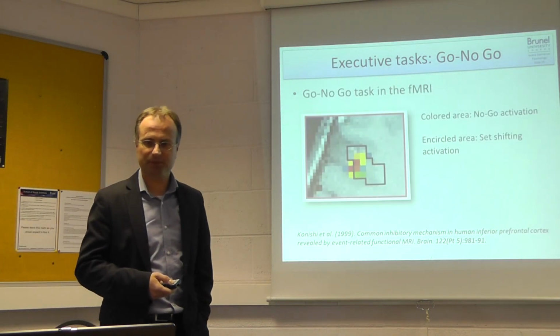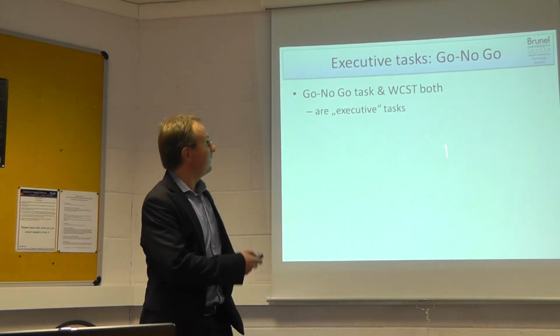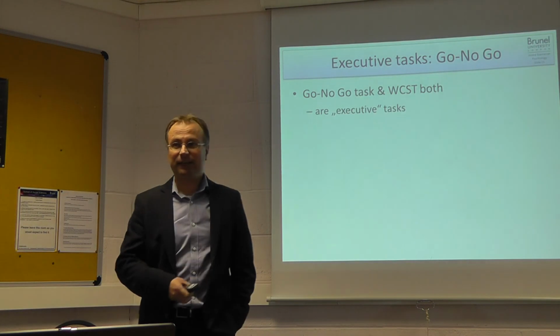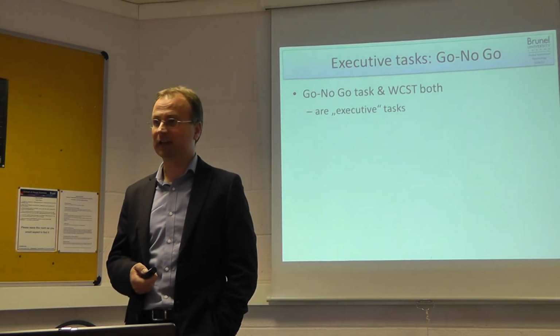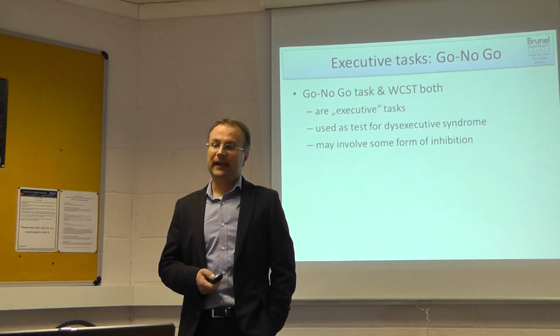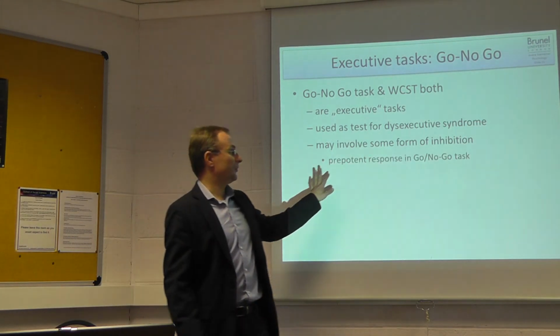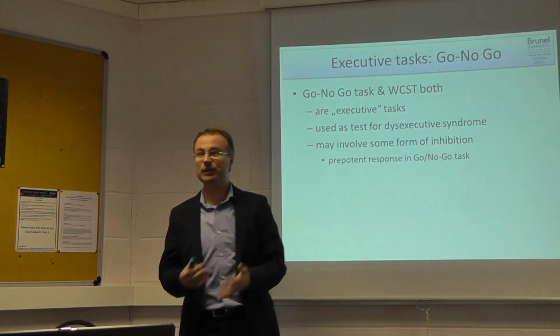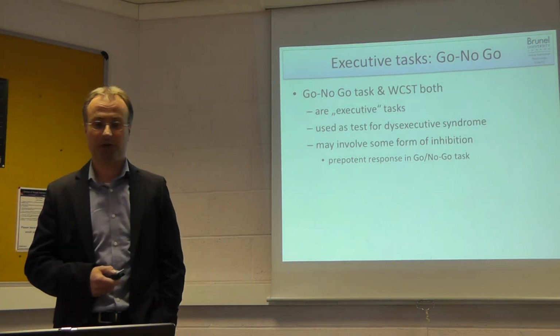Okay, we have that. So we've seen that the go-no-go task and the Wisconsin card sorting test are both used as executive tasks, for instance for testing patients, and that both may involve some form of inhibition. In the go-no-go task, it's a prepotent response, which I'm likely to press, but I have to withhold.